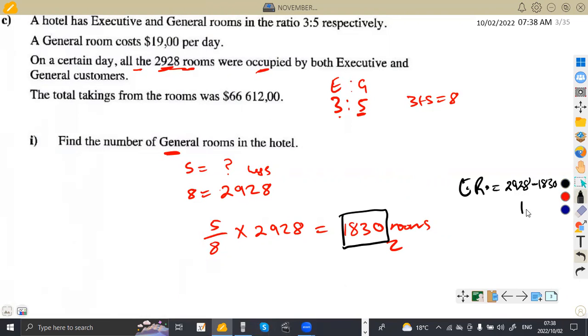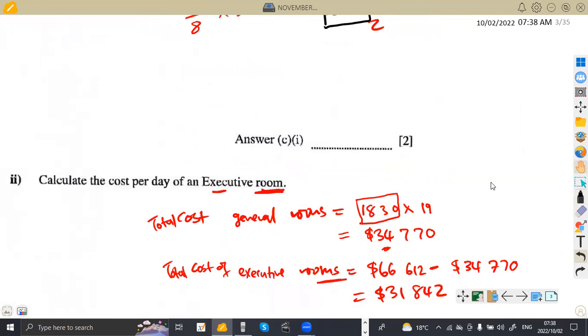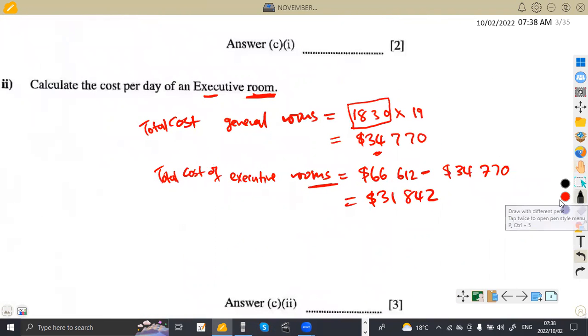Which means we've got 1,098 rooms, which are the executive rooms. So we're going to divide by 1,098 here. That will be the cost per each room now.